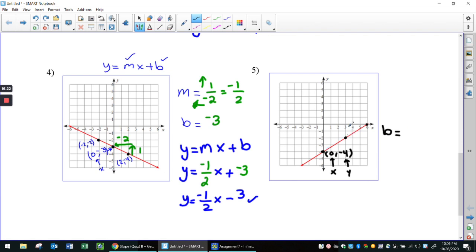The other point that you want to plot for this graph is 3, negative 2. And then you can connect your dots and solve for your slope and the y-intercept and your equation. Y is equal to mx plus b. Go ahead and do that, and we'll come back to the answer.